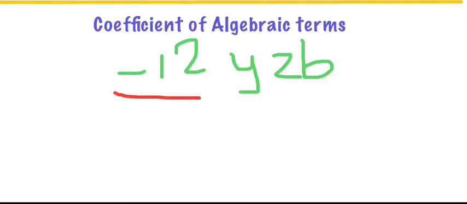The answer is minus 12, because I am telling you to find the numerical coefficient. So wherever you are able to find the number in the term, you just have to mark that.